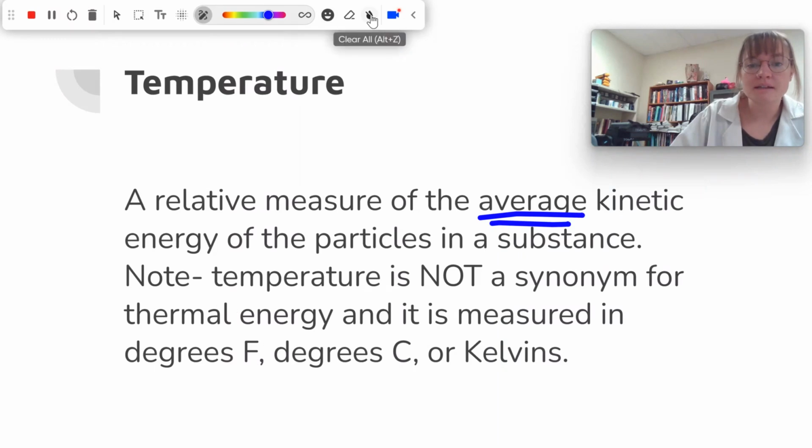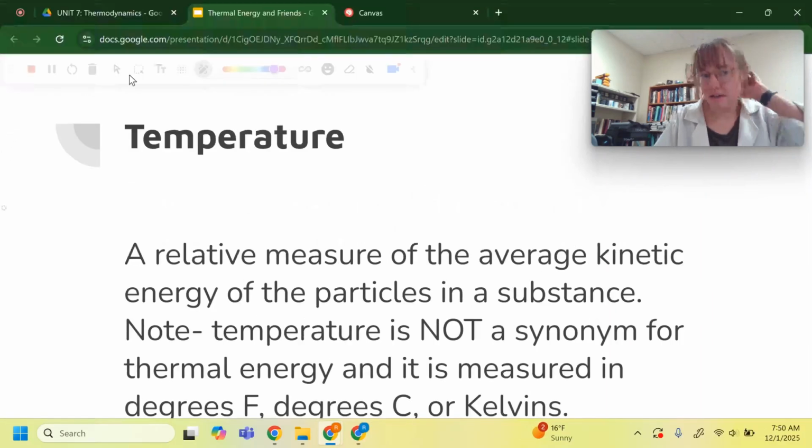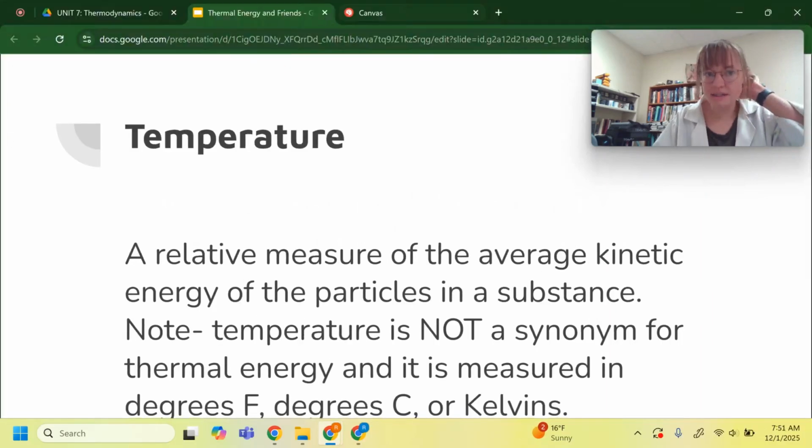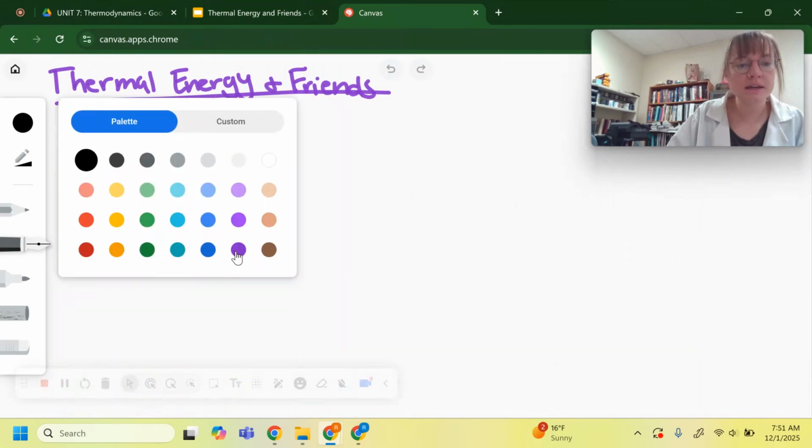Let me clear this out here. Let's go purple, because that sounds fun. Okay. Actually, I'm going to go back to my other screen here, because that's going to be easier, because I got a lot of things to write. You can do it, buddy. You got it.